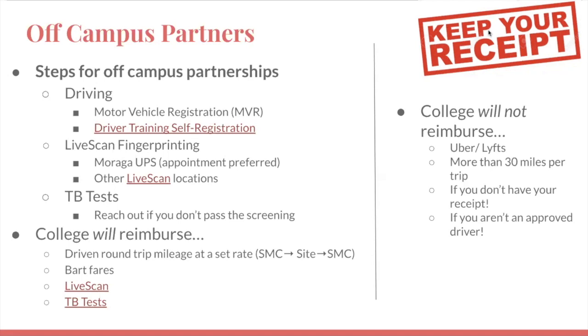The MVR stands for motor vehicle registration. It's the college's way of looking at your DMV record and making sure that you're an okay driver. And the driver training self-registration is a quick, online, super easy driver training that just indicates that you know how to properly drive on the road.